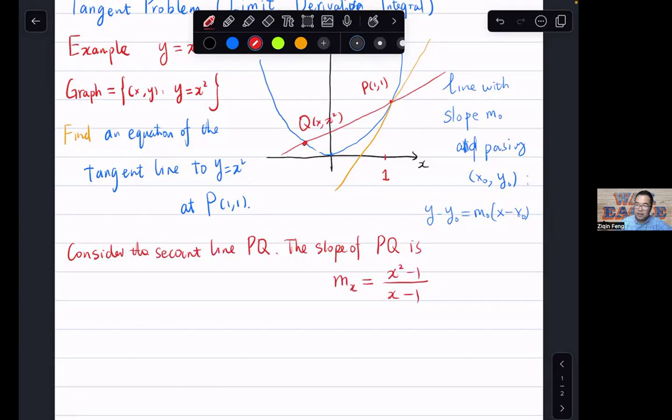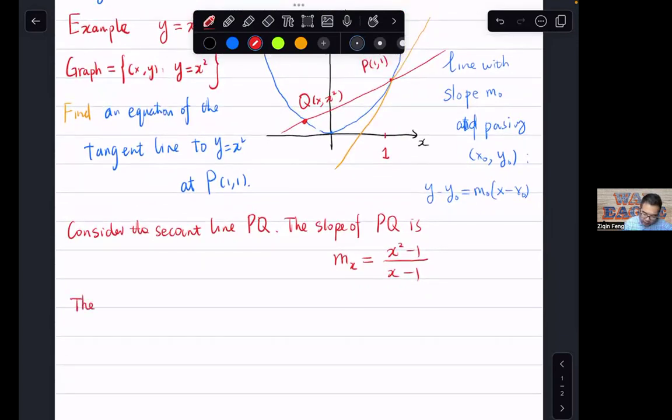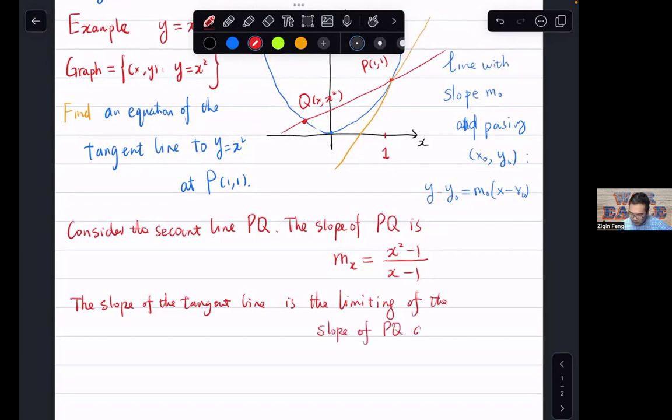So you can see that the slope of the tangent line is the limiting slope of PQ as Q goes to P, right?